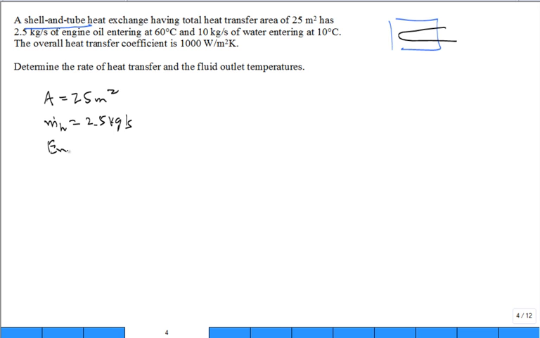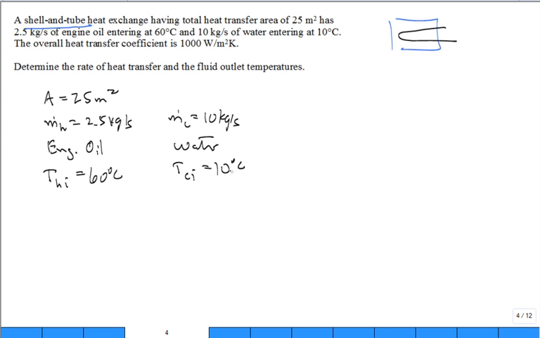It's engine oil. And the temperature hot in is 60 degrees C. And the mass flow rate of the cold, which is 10 kilograms per second, and it's water. And the temperature cold in is 10 degrees C.